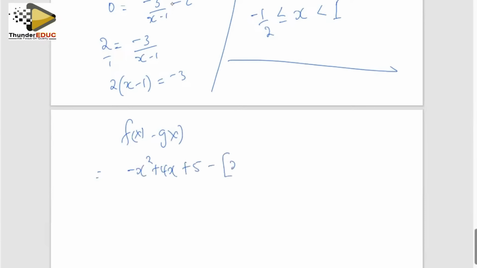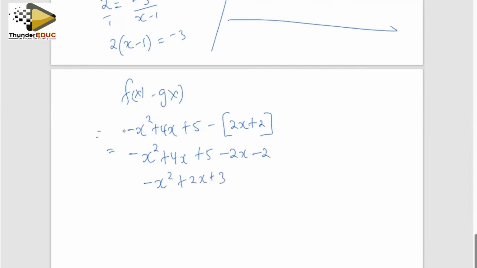We're subtracting the g, which is 2x plus 2. So this gives us the expression for determining the distance between any points along the two graphs. So this is going to be negative x squared plus 4x plus 5 minus 2x minus 2. I simplify this by collecting the like terms. That's going to be negative x squared plus 2x plus a 3.